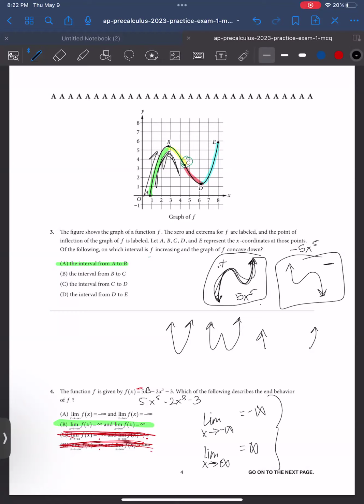So this is if I have an odd degree and it's positive. Negative would flip it. So the limit as x approaches negative infinity equals positive infinity, and as x approaches positive infinity, it approaches negative infinity. So here's odd and negative. Does that make sense? Yes. Okay.